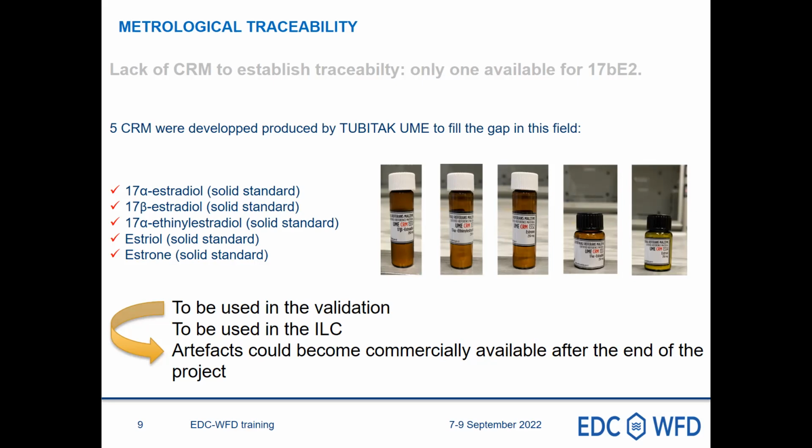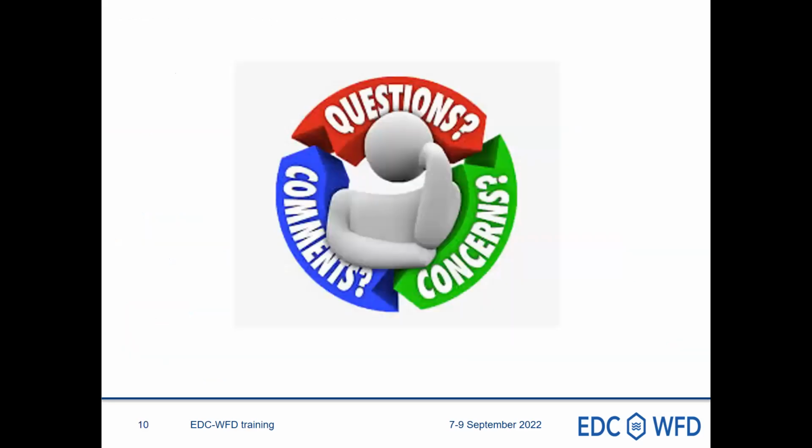This means there will be commercially available metrological tools to establish traceability to the SI of all measurements, which is a key pillar, and to establish the comparability of the measurements.